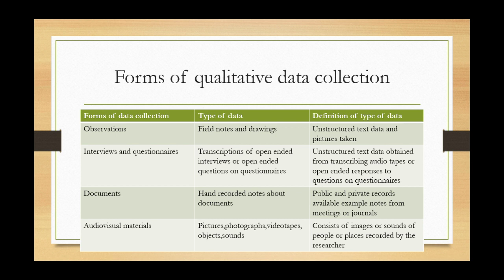The researcher then transcribes these data into computer files so they can analyze them. Speaking of interviews, the types of data obtained through interviews include transcriptions of open-ended questions or questionnaires.